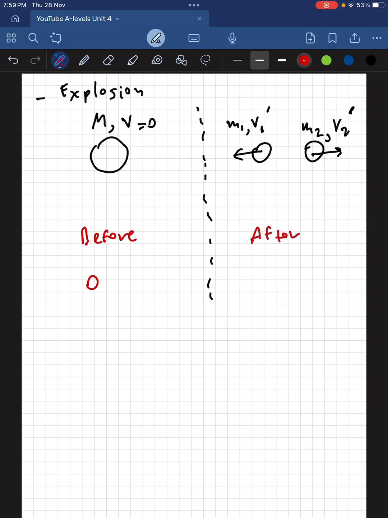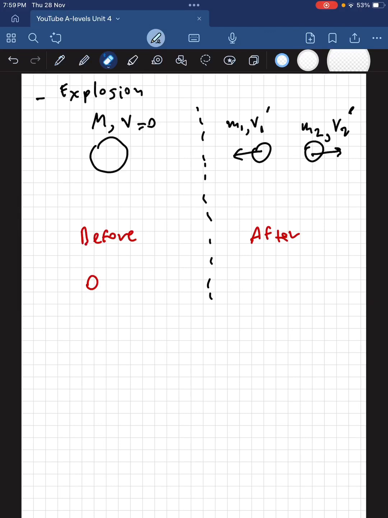So the total momentum after, which has to be conserved, is equal to, let's use red, minus m1 v1 prime plus m2 v2 prime.